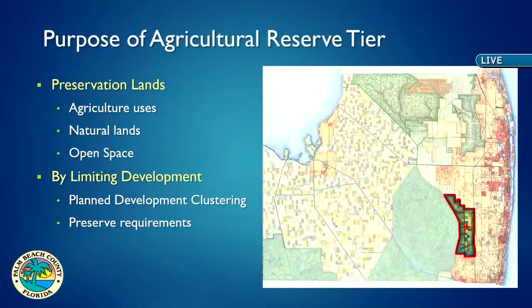The adopted objective is in part that the tier shall preserve the unique farmlands and wetlands, that the tier shall be preserved primarily for agricultural use, and that the county shall preserve the unique farmland and wetlands in order to preserve and enhance agricultural activity, environmental and water resources, and open space within the tier. This is achieved by limiting non-residential uses and clustering development with preserve requirements.